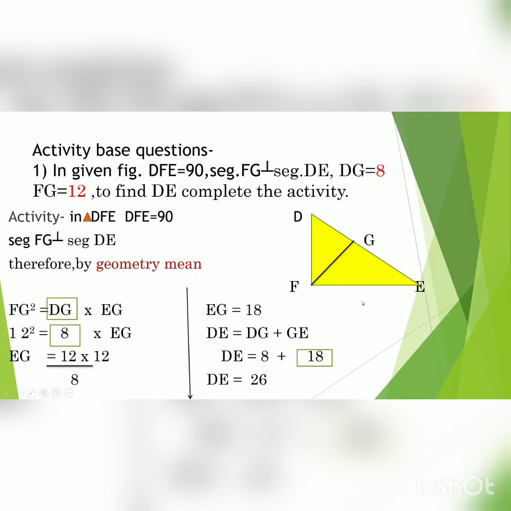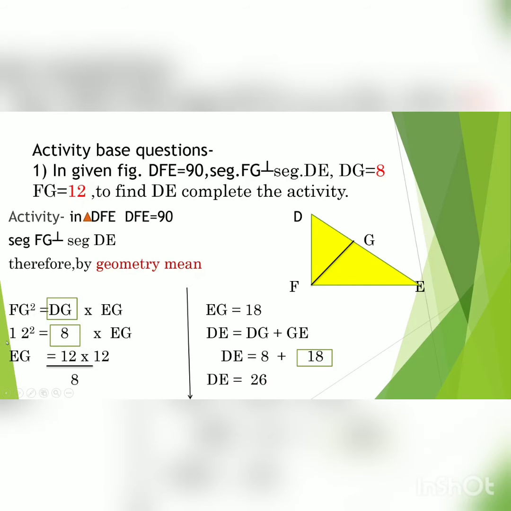The relation is FG square is equal to, the empty bracket given in the activity, into EG. I already filled this bracket as DG. So FG square is equal to DG into EG.